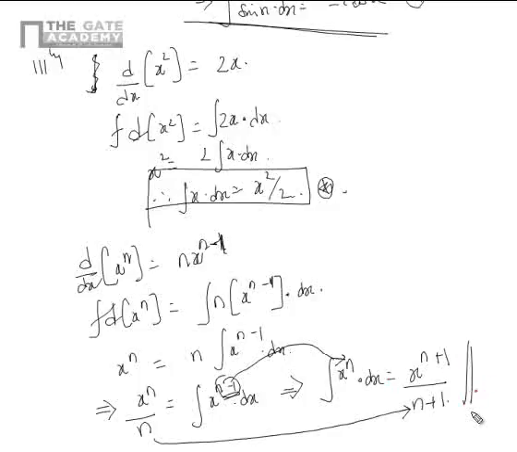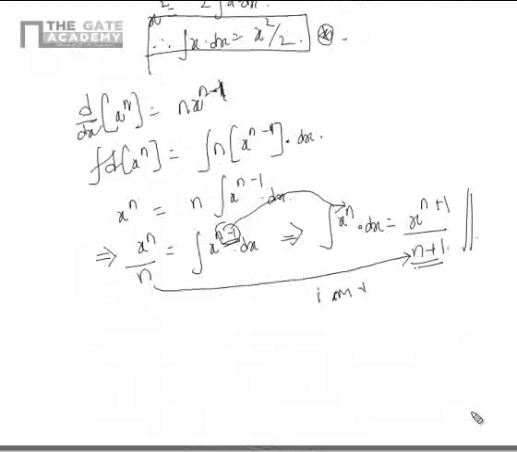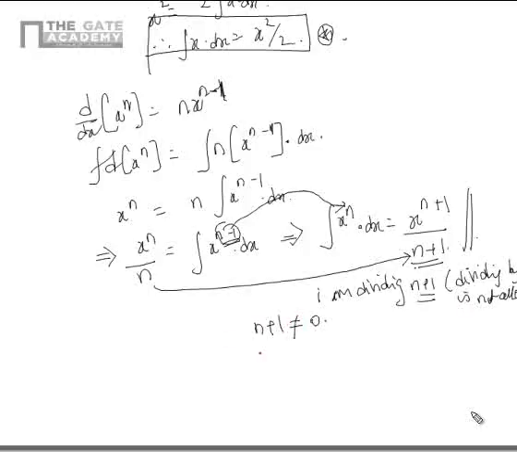Fine. Now, the moment I do this, I am dividing by n plus 1. Dividing by 0 is not allowed. So the assumption is n plus 1 cannot be equal to 0. That is, n cannot be equal to minus 1.